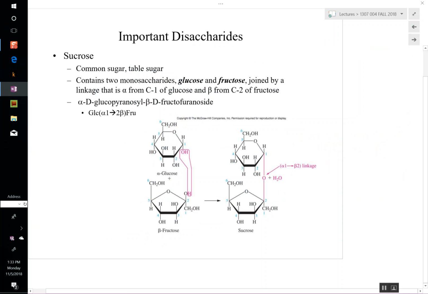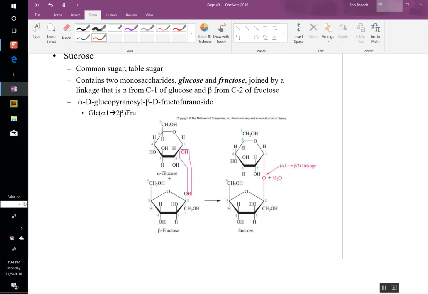Sucrose, common table sugar: glucose and fructose. Glucose, you've got your 6-membered ring there. Fructose, your 5-membered ring. You bring these two together. This would be alpha D glucose and beta D fructose.